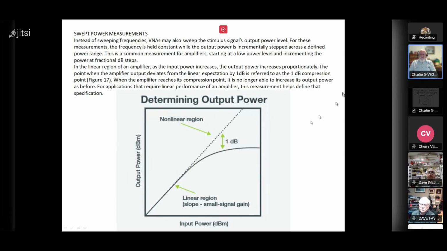Eventually, it's going to start getting nonlinear, and then it's going to just flatten out where you're stuck up against the rails on the amplifier, for instance. The specification is typically where you've got 1 dB of compression. That's considered the top end of your amplifier. And so VNAs can do this measurement as well by sweeping the power from low levels to fairly high levels.